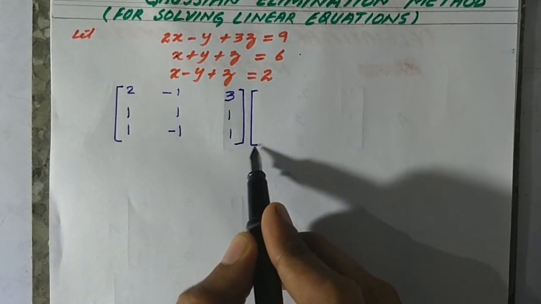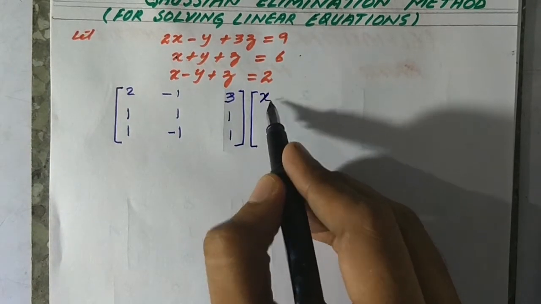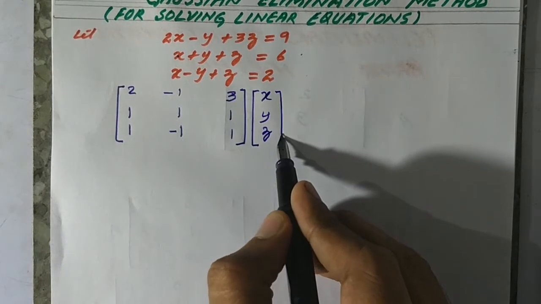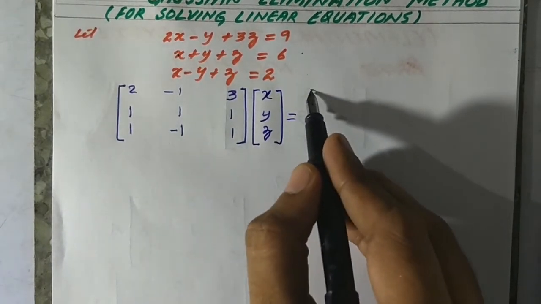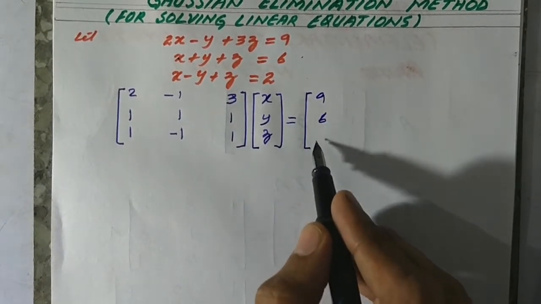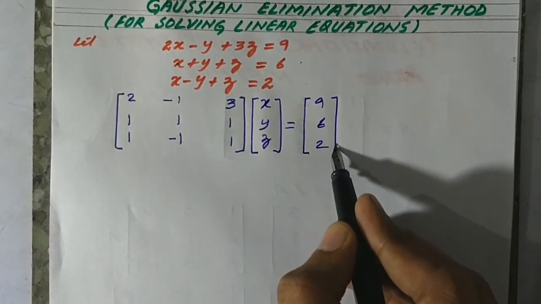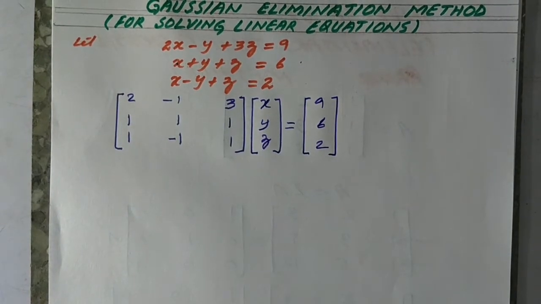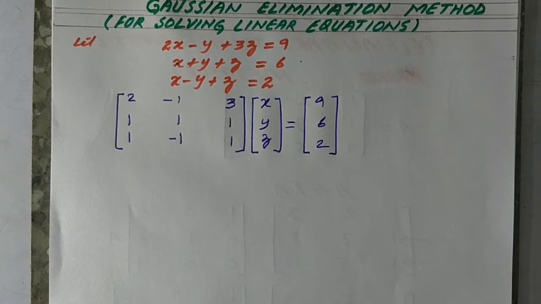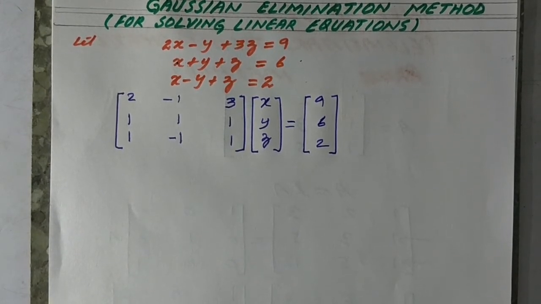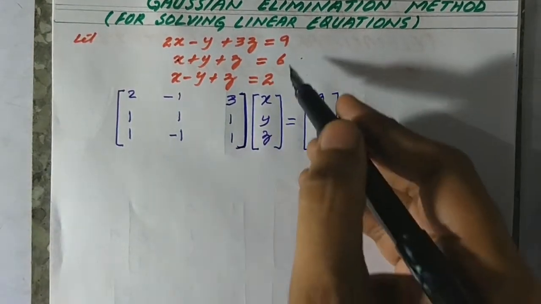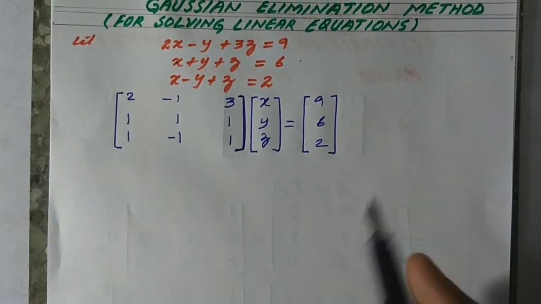The second is the column matrix of x, y, z, and it is equal to the column matrix of the constant terms, that is 9, 6, 2. As you know well, this is the way to write a system of linear equations in the form of a matrix. So in the matrix form we have written these three equations.